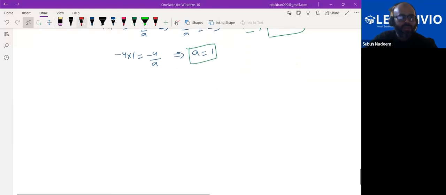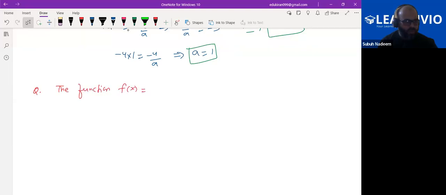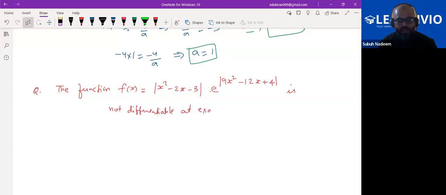So here the next question: the function f of x is equal to mod of x square minus 2x minus 3 into e to the power mod of 9x square minus 12x plus 4 is not differentiable at exactly option A 4 points, option B 3 points, option C 2 points, option D 1 point.